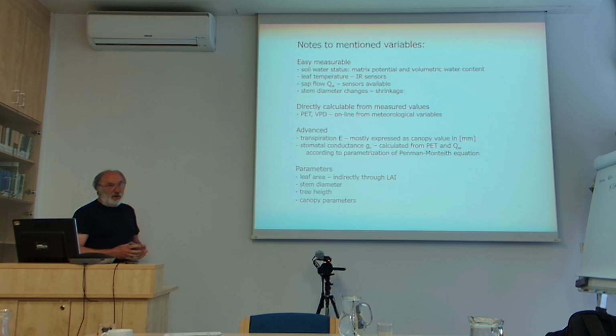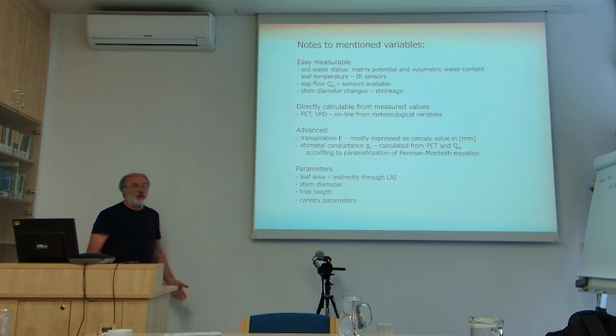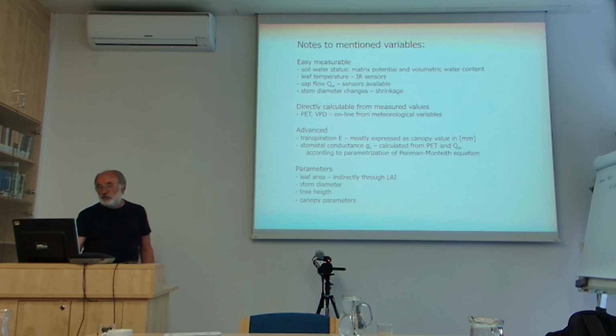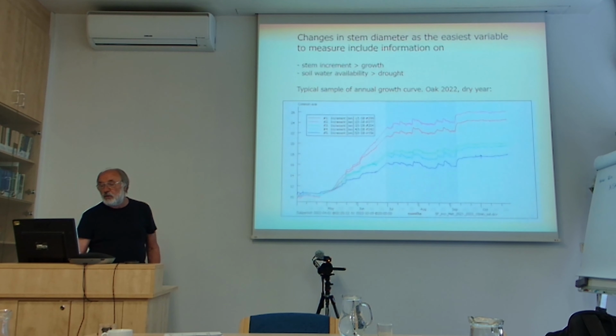There are also some parameters which should be taken into account, which are individual to each tree: leaf area, stem diameter, tree height, canopy parameters. All those parameters are necessary, for instance, for the calculation of stomata conductance according to Penman-Monteith and so on.